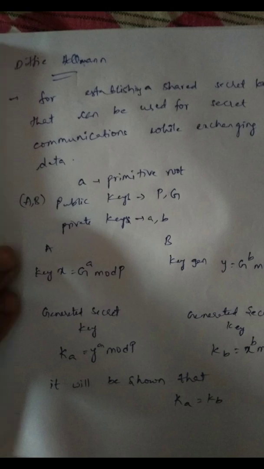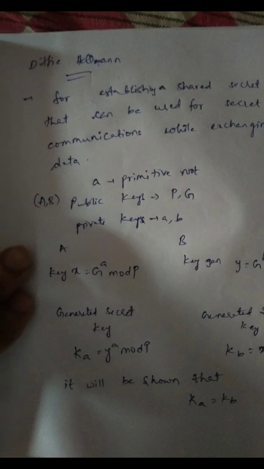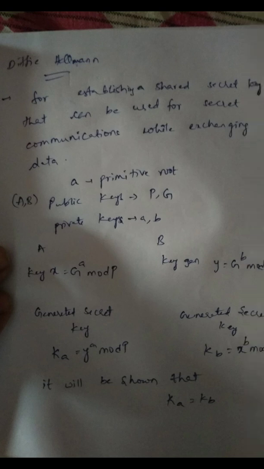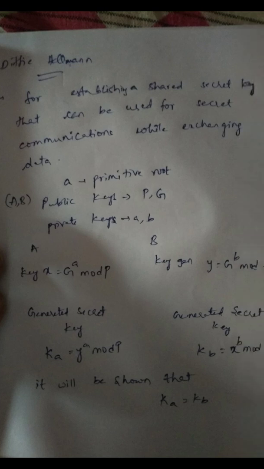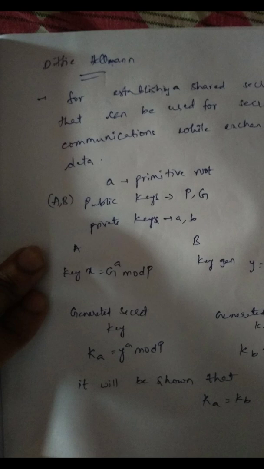The implementation of this key exchange is, suppose there are two users A and B, and the public key for them is P, G. The private key of user A is small a, the private key of user B is small b. G is a primitive root.